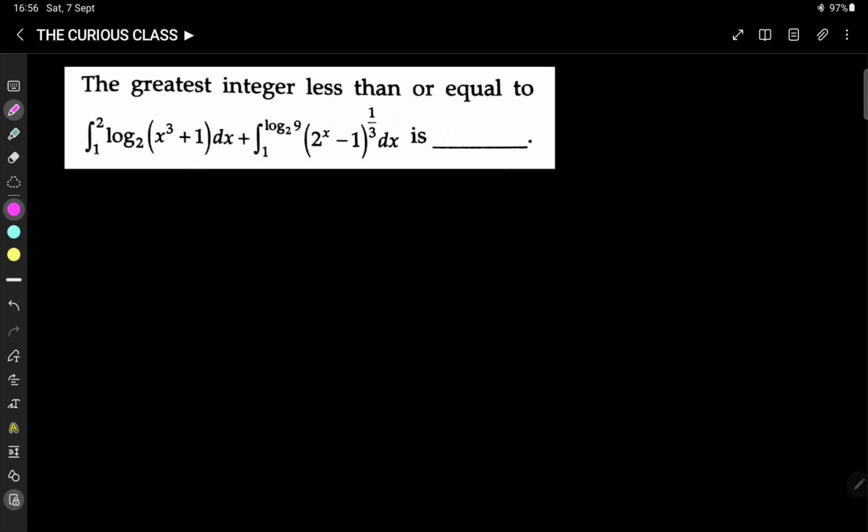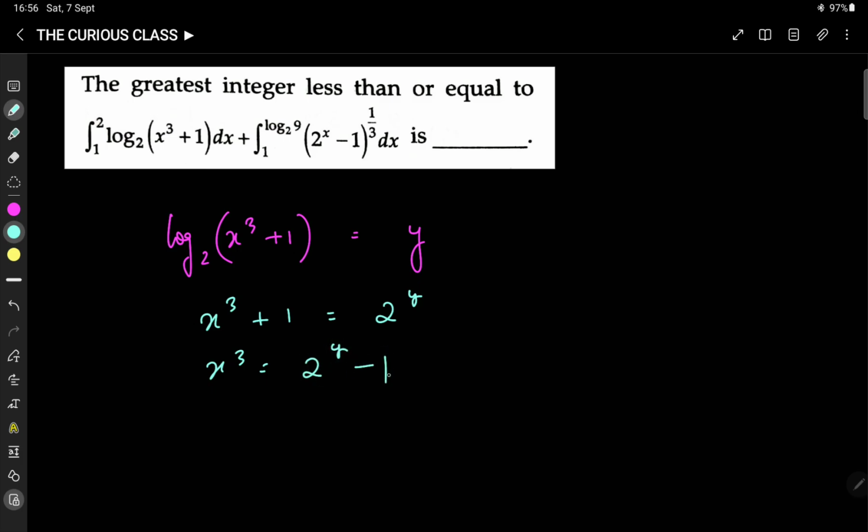Let me show it in detail. Let's take log base 2 of x cube plus 1, and call it some other variable y. Now, x cube plus 1 is equal to 2 to the power y. x cube is equal to 2 to the power y minus 1, so x is equal to the cube root of 2 to the power y minus 1.